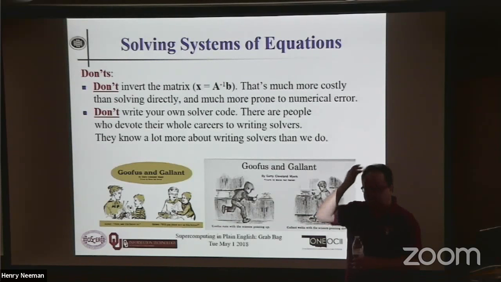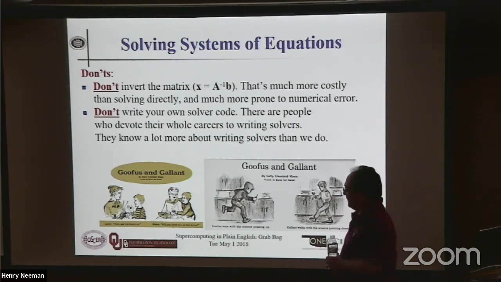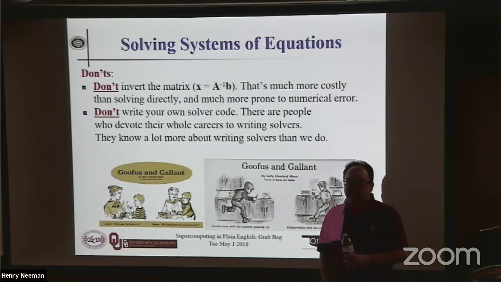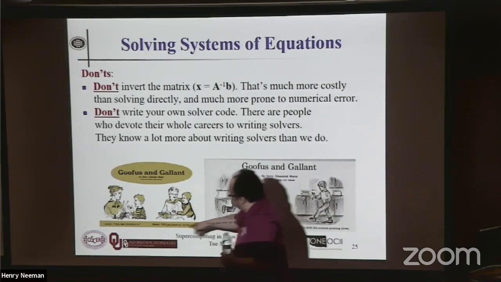And it turns out that GOOFUS and Gallant was actually kind of edgy in a way that I hadn't anticipated. So here's a good one. GOOFUS runs with his scissors pointing up, whereas Gallant walks with his scissors pointing down. And if you read enough GOOFUS and Gallant, you kind of start hating Gallant because he's such a goody two-shoes, right? So GOOFUS says, here, sew this button on.